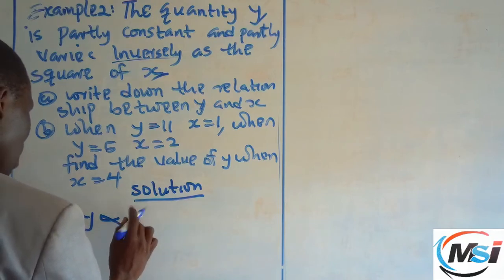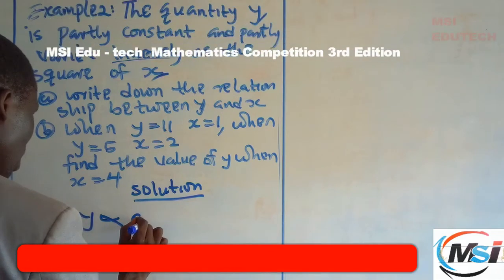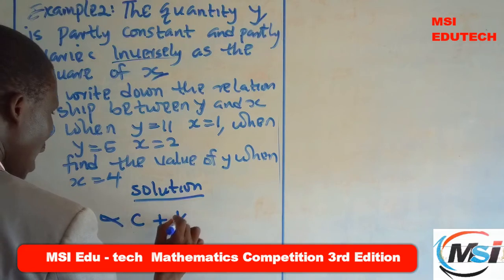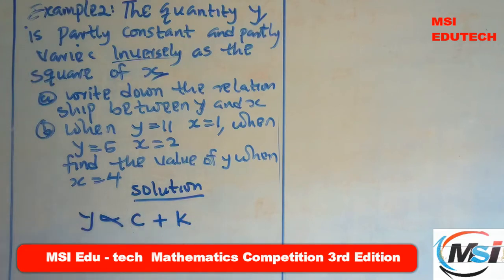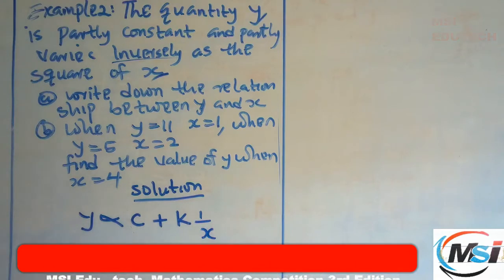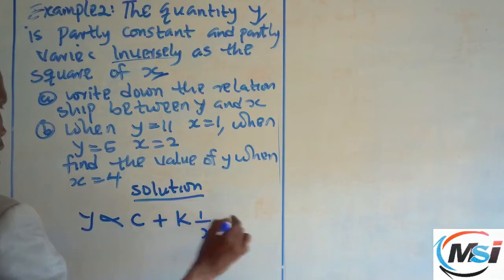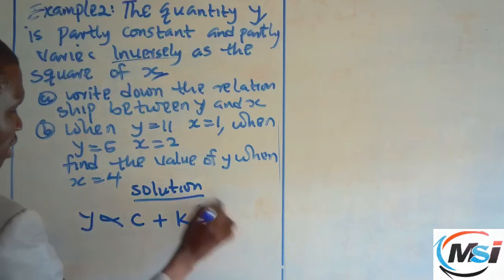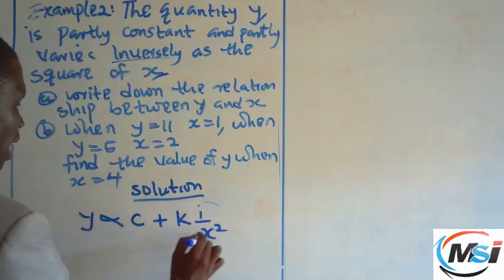Let's use C plus K. Remember, inversely means 1 all over what? The square of x. This is inverse.